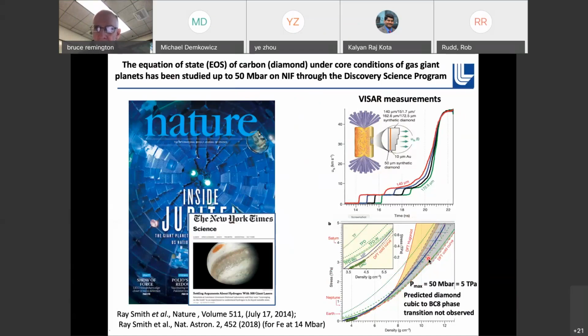But the comparison with density functional theory for the cold curve, T equals 0, is also interesting, because that cold curve shows two very distinct phase transitions. There's a kink in this curve down at 10 megabars, which is 1 terapascal. And there's a second kink in the density functional theory curve at 30 megabars, which is 3 terapascals. But when you look at the experiment, there were no kinks at all.